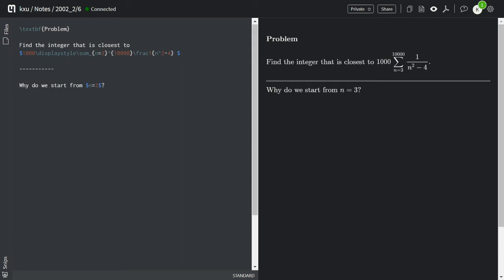It's undefined. So that's why it's n equals 3. And n less than 2, n equals 1 or n equals 0 makes it negative, which also probably doesn't work for the summation. Oh, I was thinking the wrong way. Makes it undefined.